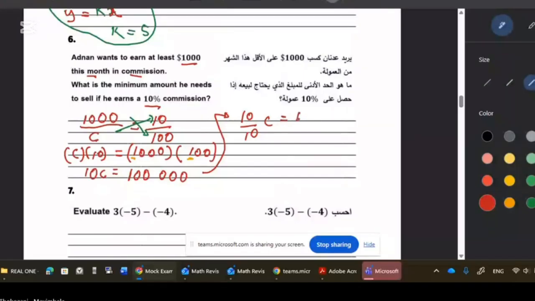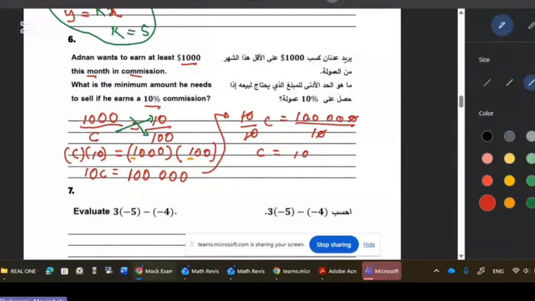So 100 divided by 10, and this is no longer there. I'm just using C because we're dealing with commission actually. And then this cancels off with that. And now I'm left with my answer as 10.